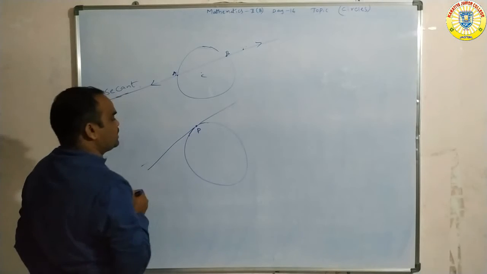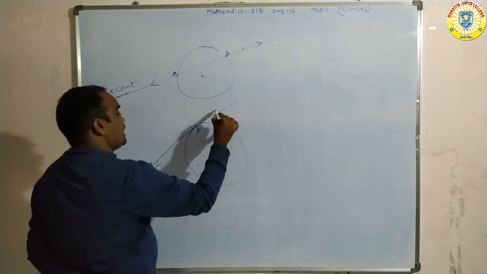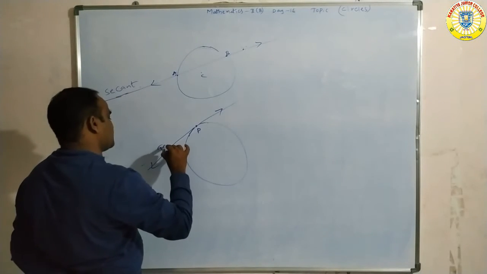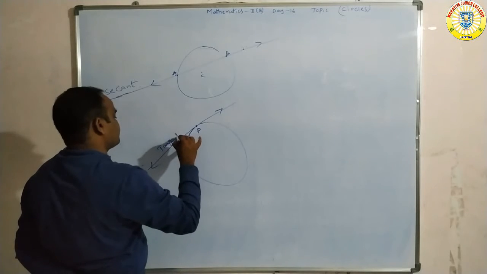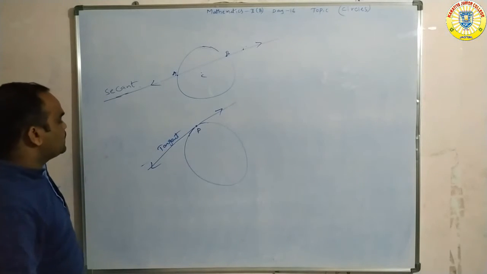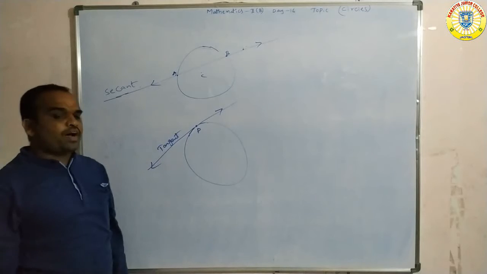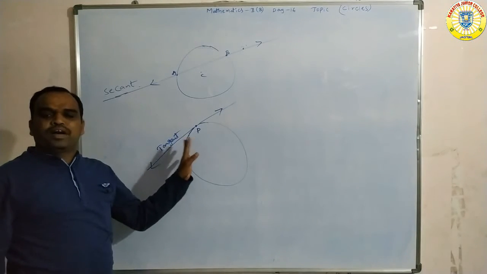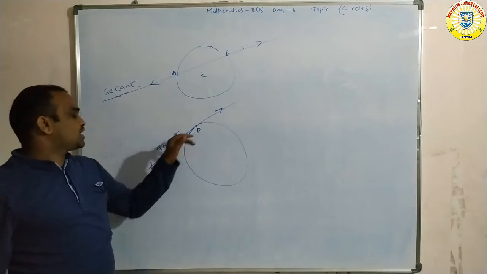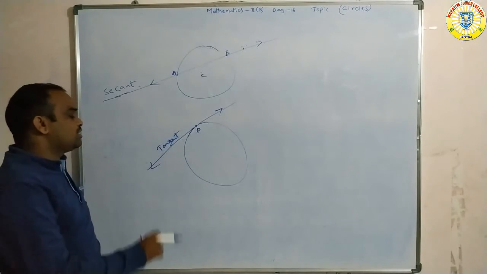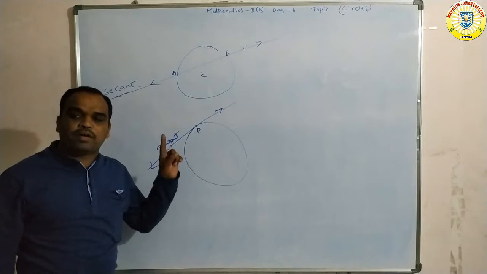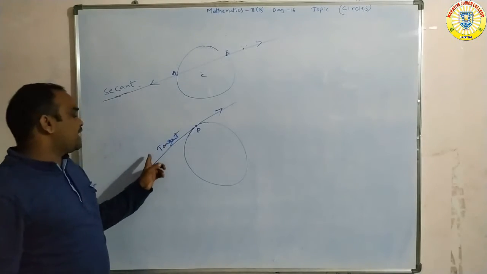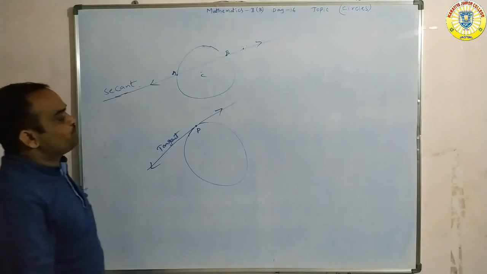Only one point, and that point is P. So this line is called a tangent. A line that touches only one point of the circle is called a tangent. If a line passes through one point on the circle, then the line is called a tangent.